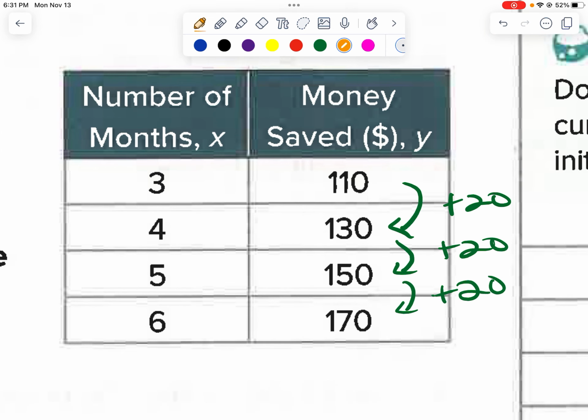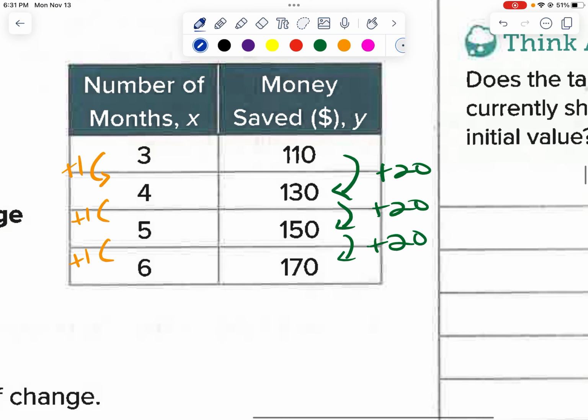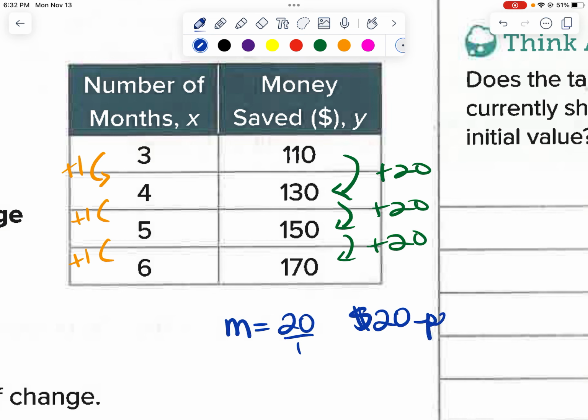Awesome. Over here, up by 1, up by 1, up by 1. So my slope, my rate of change, is 20 over 1, which stands for $20 per month.